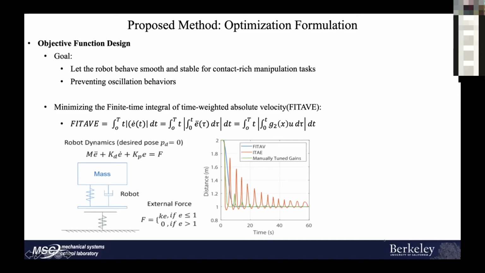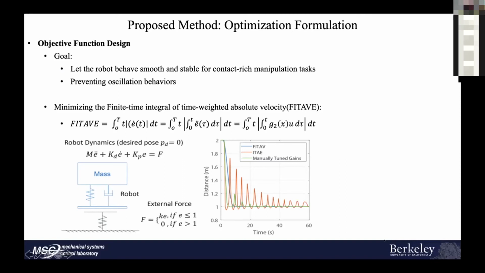The bottom right shows the position profile for different methods, for different tuned impedance gains. As you can see, for a manually tuned impedance gain, there are several oscillations, but the robot can finally achieve very good performance.